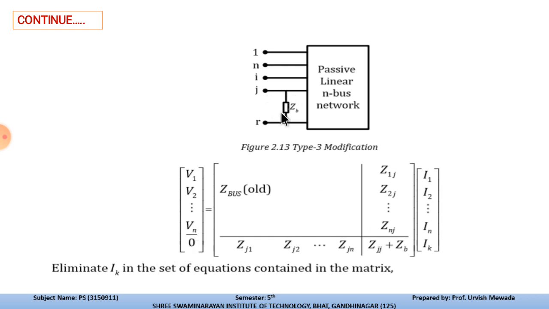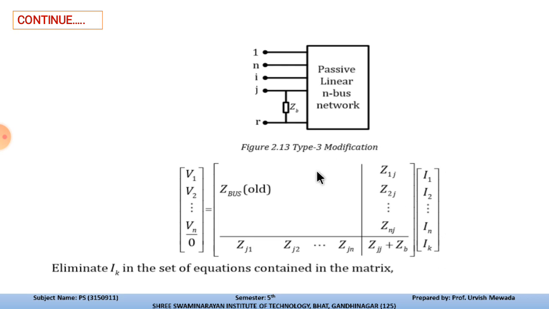We have set Vk equal to 0, that's why Vk is placed as 0 over here, and this is the matrix that we formed in modification number 2, along with the respective bus currents, that is I1, I2, In and Ik.